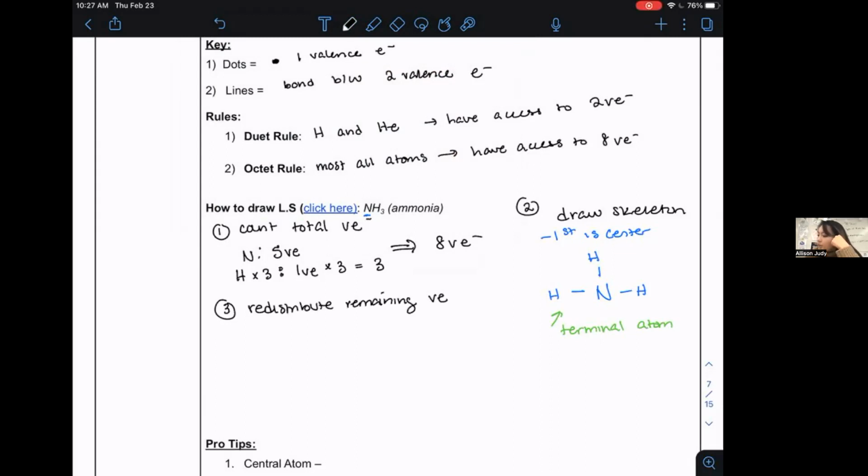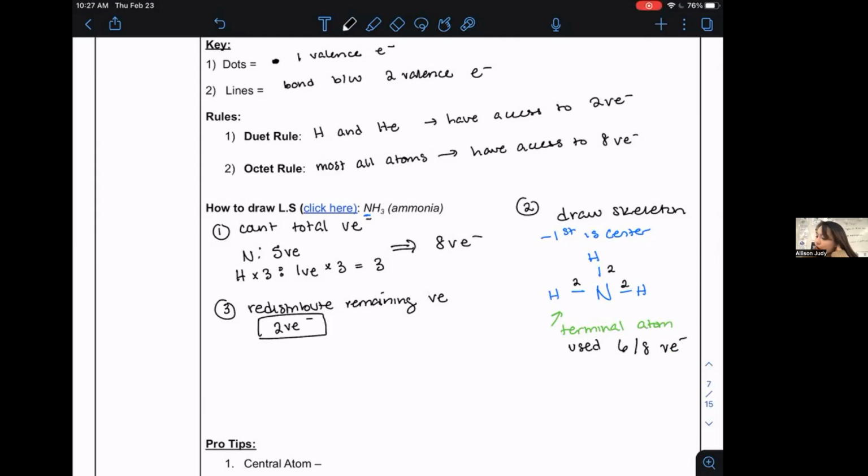Step 3 is now you redistribute the remaining valence electrons. What you notice is each bond represents 2 valence electrons being shared. So what's happened is I've used 6 out of my 8 valence electrons available to me. So now I have 2 valence electrons remaining. That's my count right now. I've used up 6 out of the 8 for the other ones.